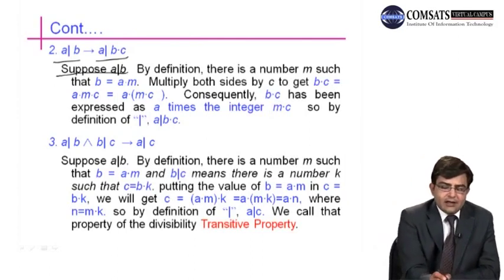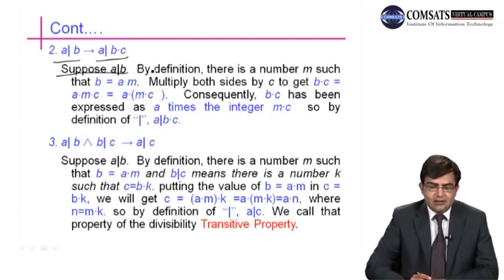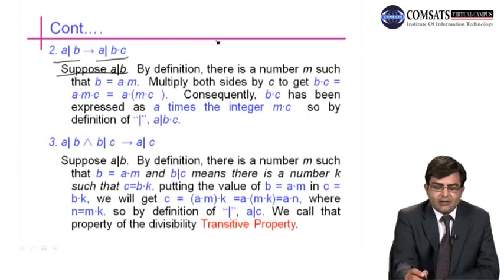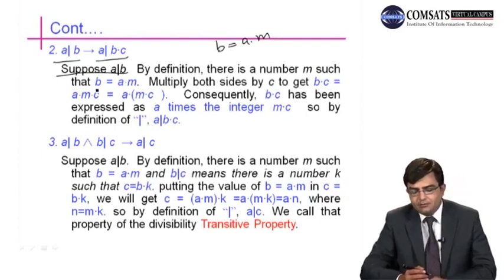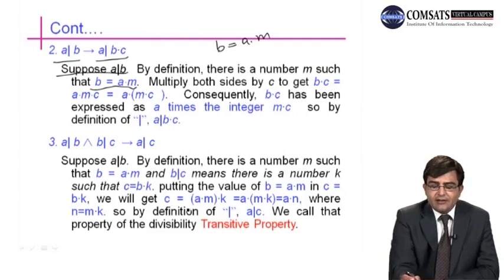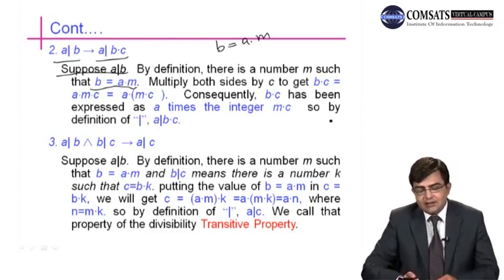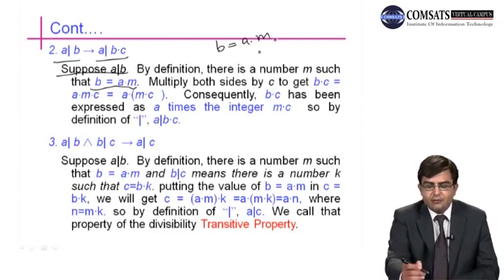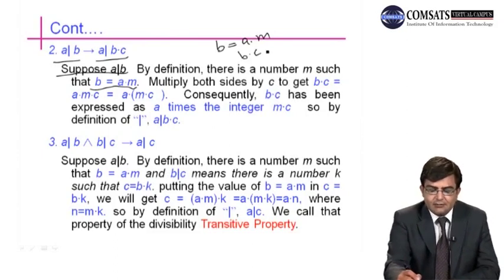So we suppose here A divides B. If A divides B, then again we can write B as a product of A and some integer m. Here we have written it by definition of division. Now if we multiply both sides by c, b into c is equal to a into m into c.